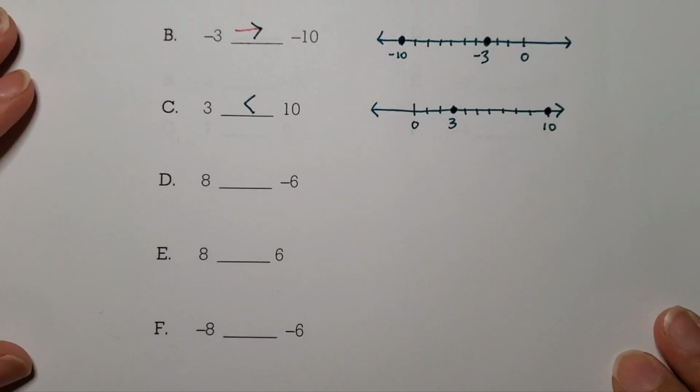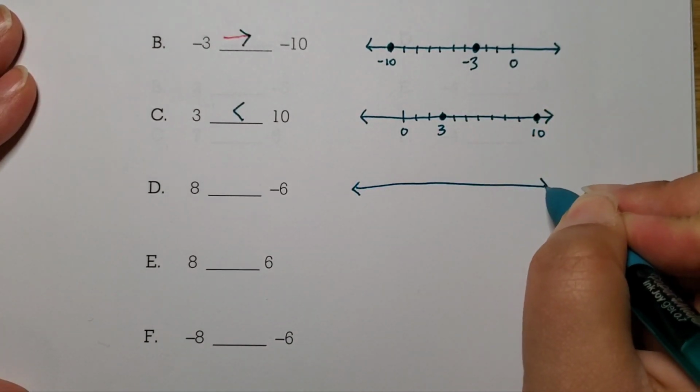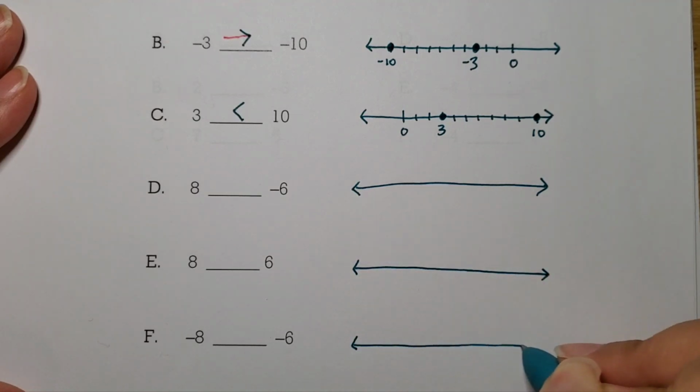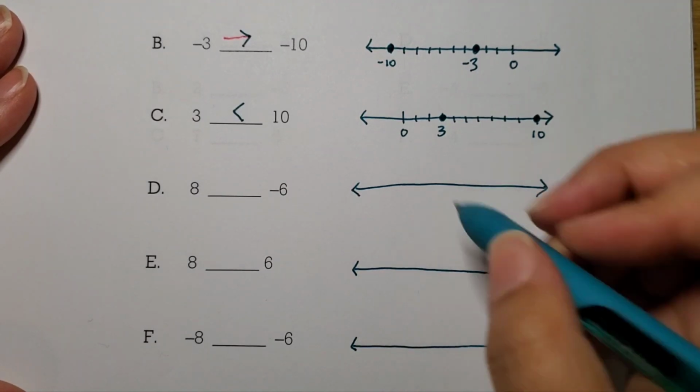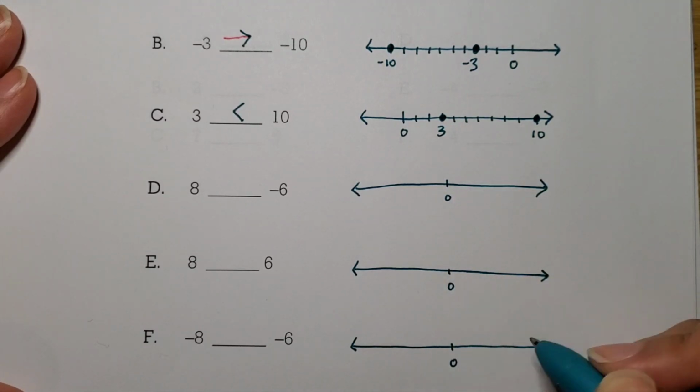Let's look at 3 more, this time with 8s and 6s. So I'm going to prep my number lines here. And I'm just going to prep them all, and they're all going to go to -8 and +8.